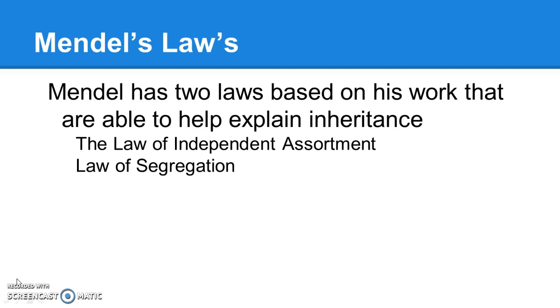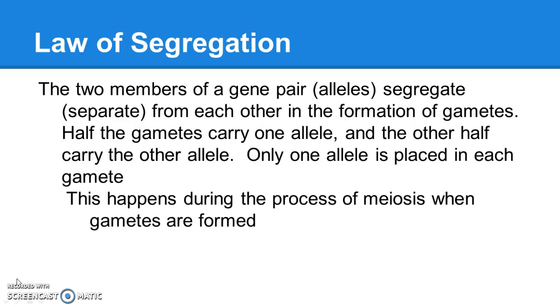So Mendel has two laws based on his work that are able to help explain inheritance. The law of independent assortment we've already kind of talked about, and the law of segregation is the second one. The law of segregation says that two members of a gene pair, or alleles, segregate from each other in the formation of gametes.